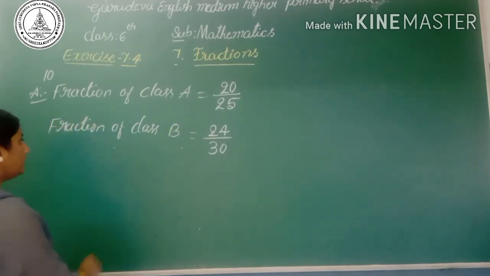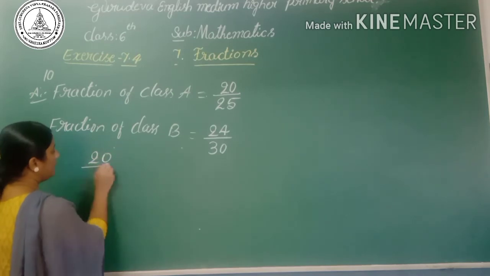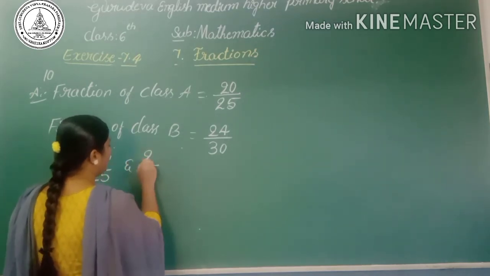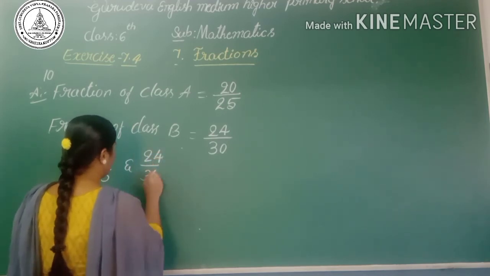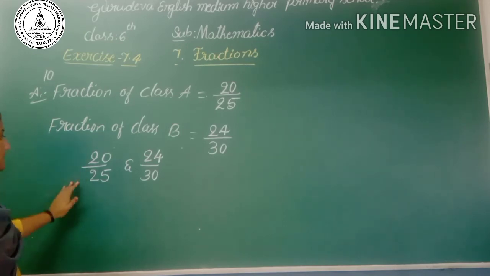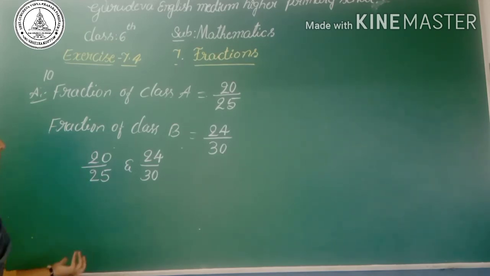Okay. Then write down the fractions 20 by 25 and 24 by 30. How can we compare these? These given fractions are not in the simplest form.